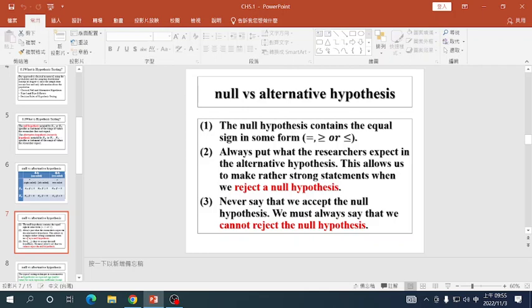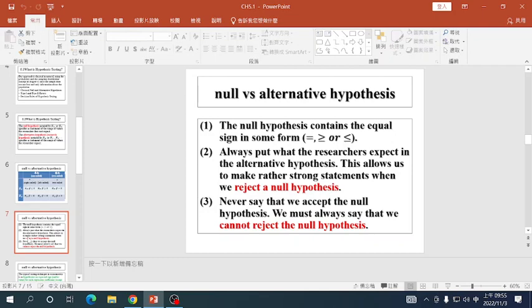Second, always put what the researchers expect in the alternative hypothesis. This allows us to make stronger statements when we reject the null hypothesis. So far, for all of you, rejecting the null hypothesis, we don't know what it is, but never mind. This is what you have to know. Always put what the researchers expect in the alternative hypothesis.